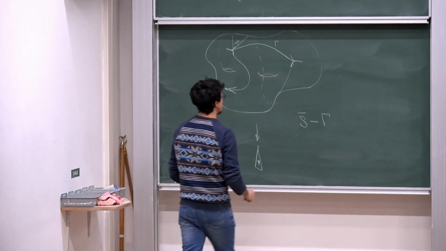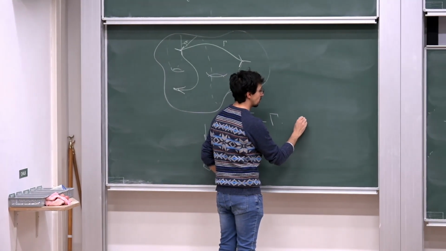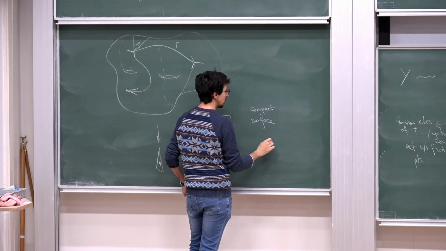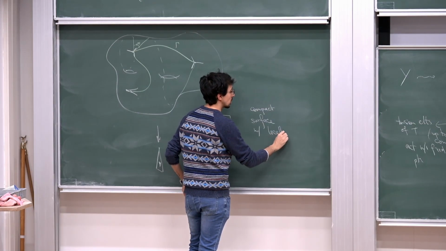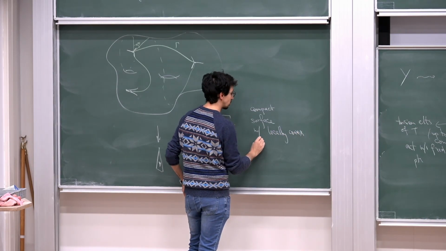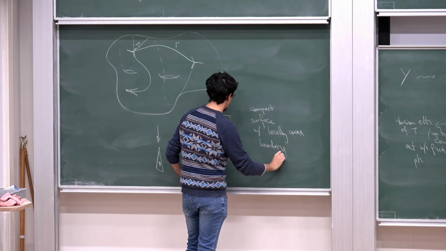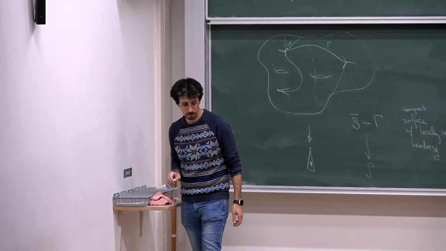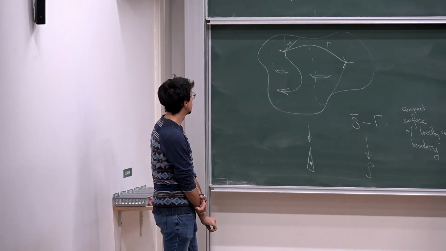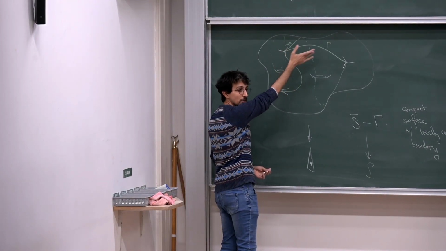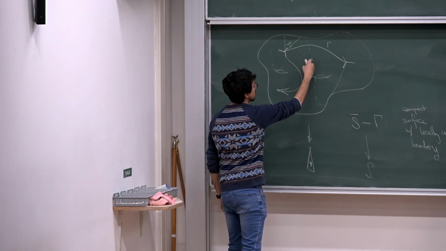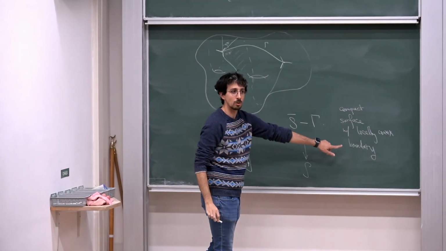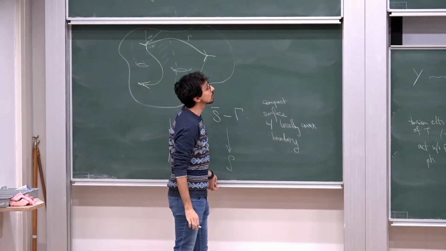So this is a compact surface with locally convex boundary that has a map to S. You should imagine cutting along this graph, and what we are left with looks like a surface whose angles are less than or equal to pi. So its boundary is locally convex.